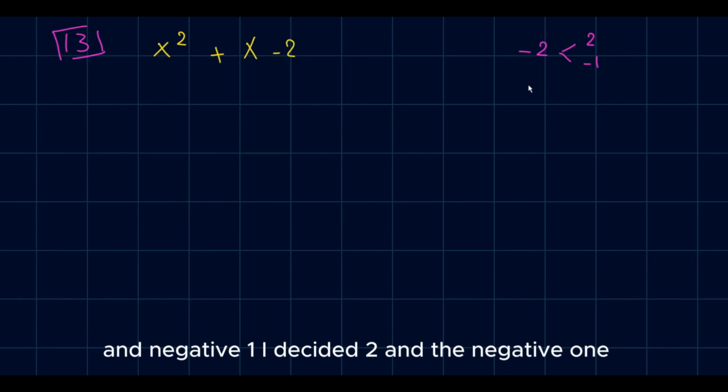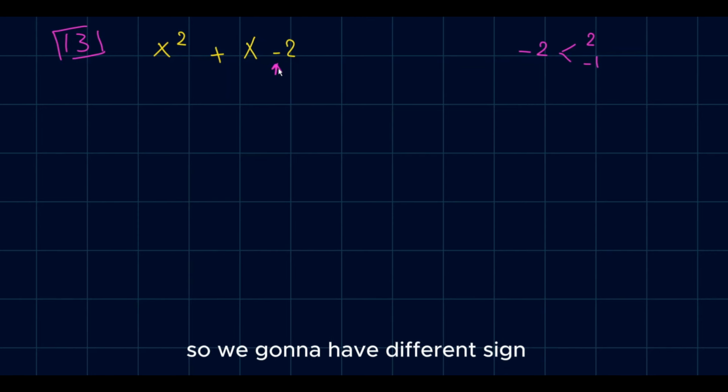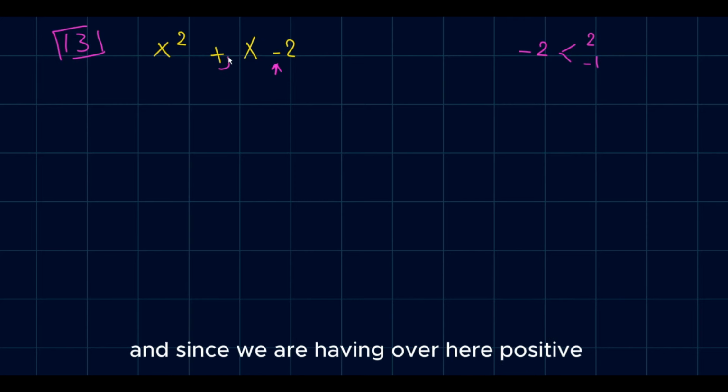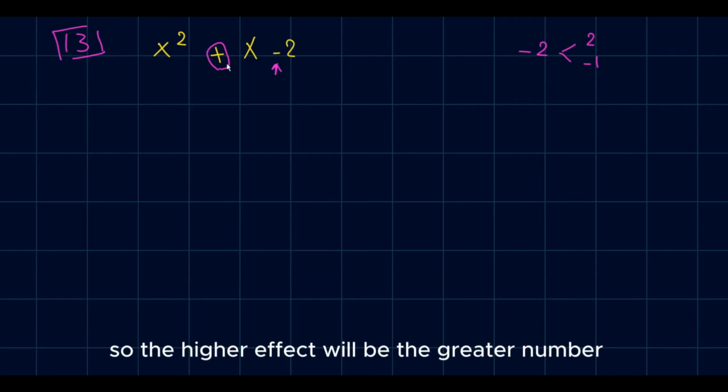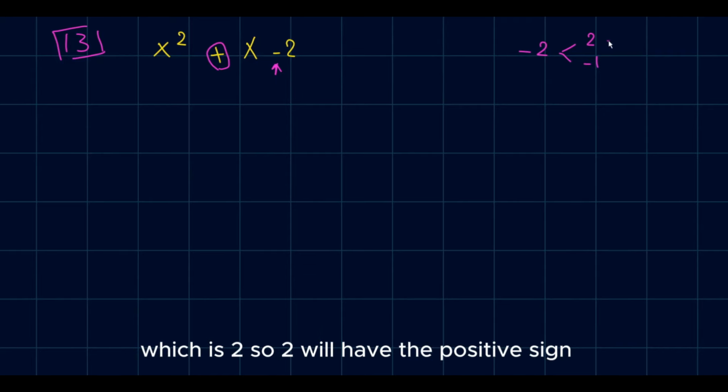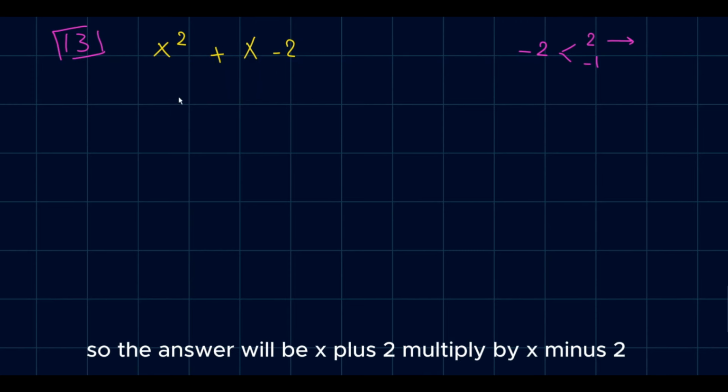I decided on 2 and negative 1 since we have a negative here, so we're going to have different signs, positive and negative. And since we have a positive x term, the higher factor, the greater number, which is 2, will have the positive sign. So the answer will be x plus 2 multiplied by x minus 1.